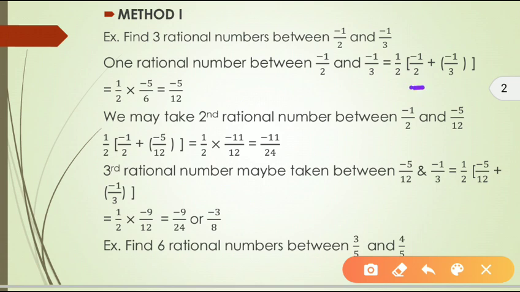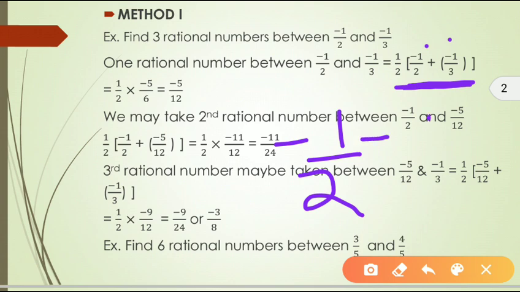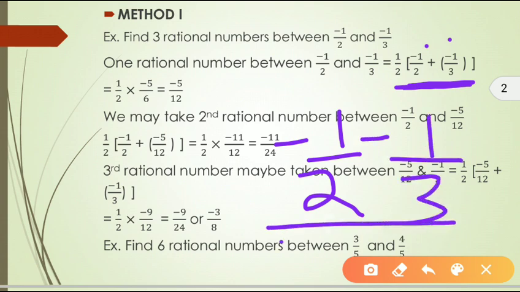In the place of a you write minus 1 by 2, then plus, in the place of b you write minus 1 by 3. Now what you have to do is solve this. So first solve the bracket. Plus and minus will become minus, so minus 1 by 2, then minus 1 by 3. When you solve this, you will get minus 5 by 6 here, and 1 by 2 will be as it is here.